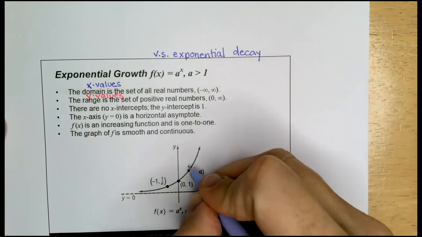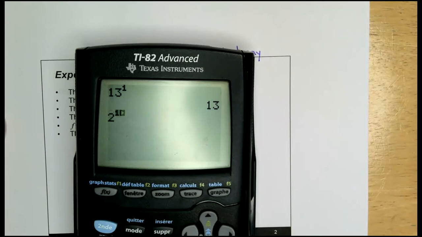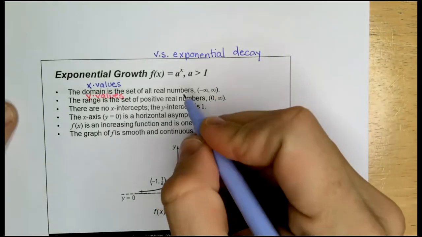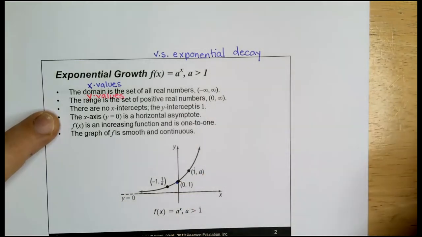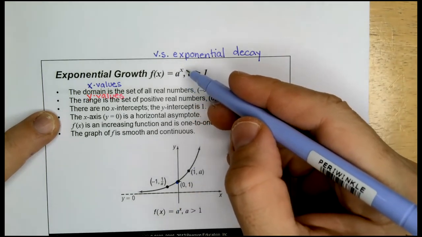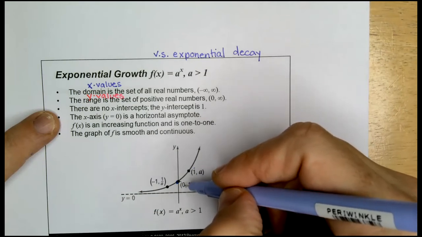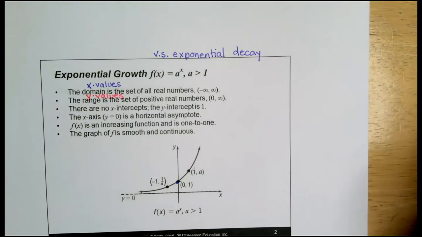It looks like a is 2 here, right? 1, 2. So 2 to the power of 1 is 2, but either of those to the power of 0 is 1. So that's why they will always have a y-intercept of 1. This point will always be on a graph of exponential growth, because no matter what a is, if you raise it to the power of 0, the answer will be 1.